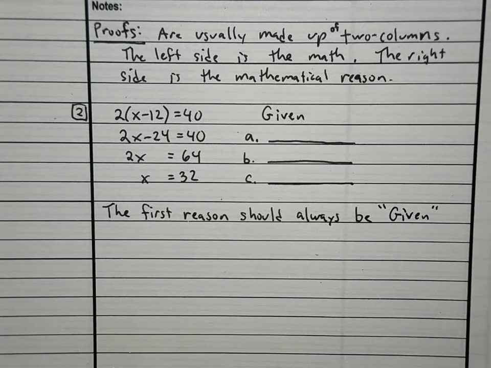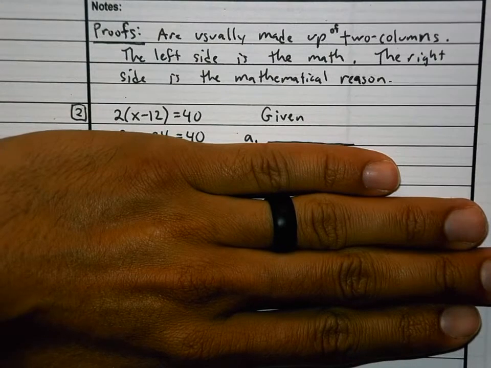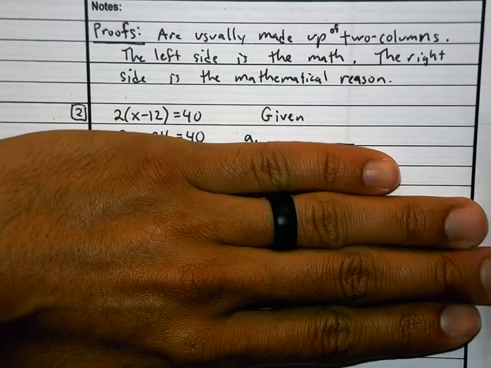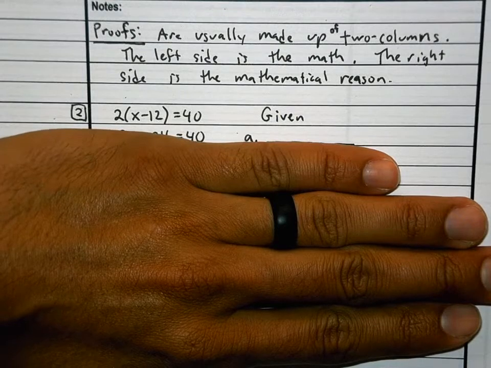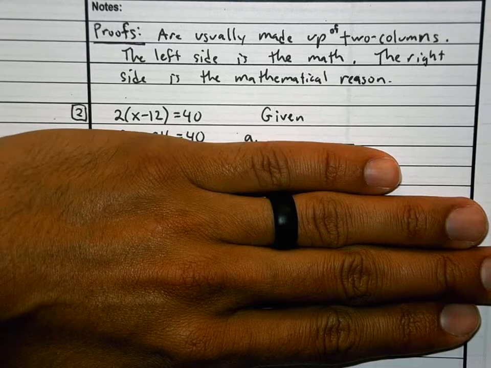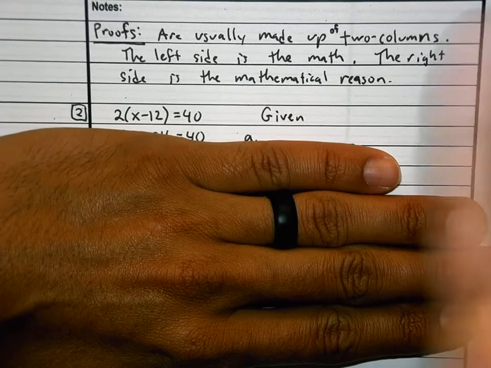The first reason should always be given. What this means is, when I just look at this, how do I know that 2 times the parentheses of x minus 12 equals 40? I know that because it was given to me. That's what I'm starting with. That's what I was given. I was given that this is the problem.